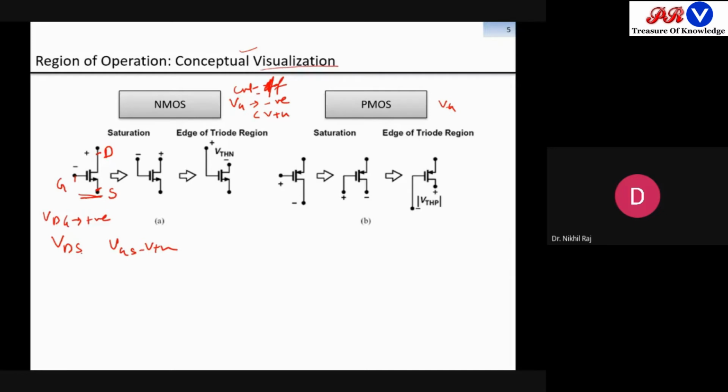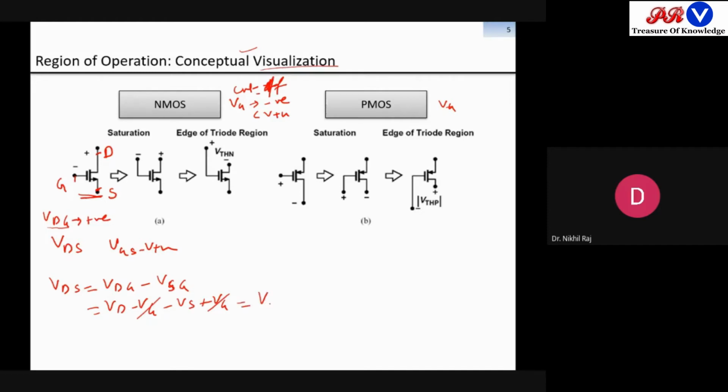So we'll say what is your VGD. So since VDG is given, we will derive the equation in terms of VDG. So VDS we can write as VDG minus VGS, no, VSG. So what will happen? This will be your VD minus VG minus VS plus VG. So this VG will cancel out.